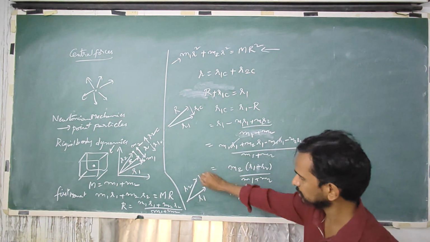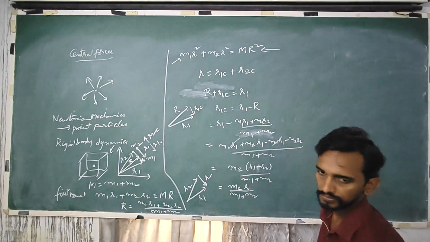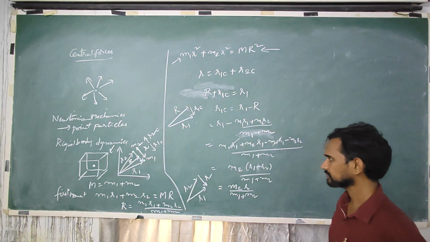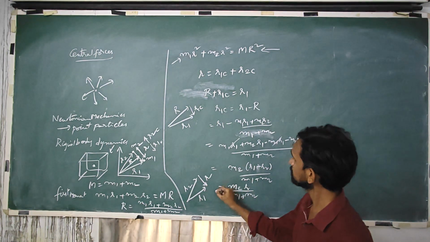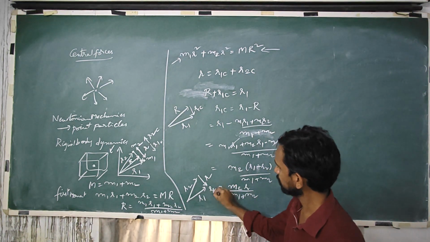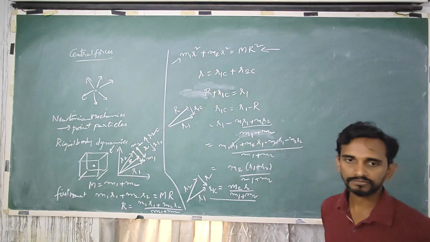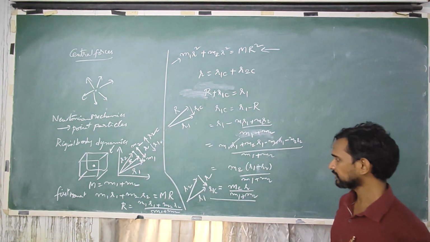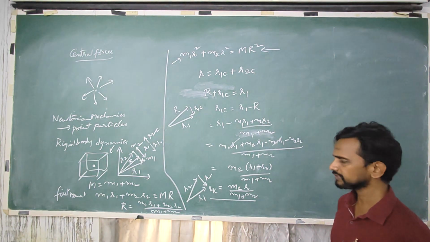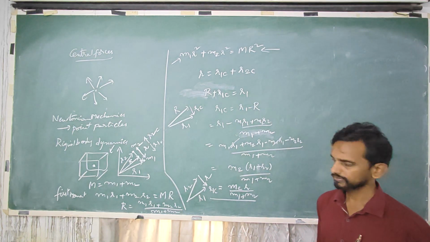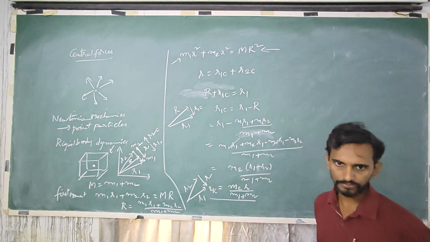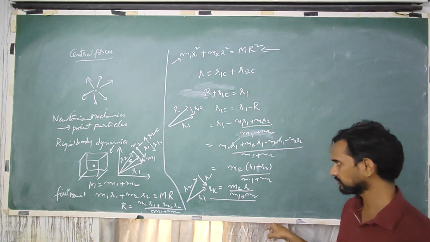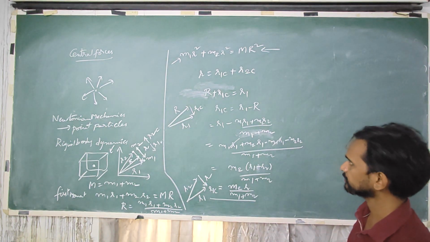R1 minus R2 is R. So this is R1C, the length of the vector from the center of mass, the distance from the center of mass to the first object. R1C is M2R by M1 plus M2.